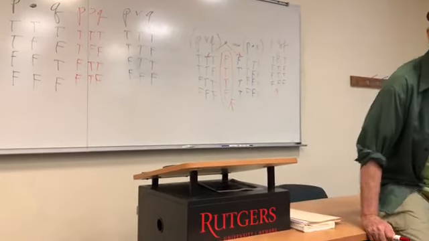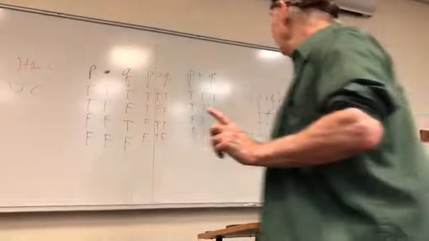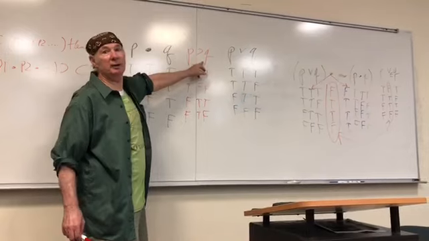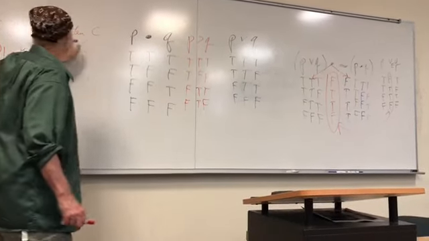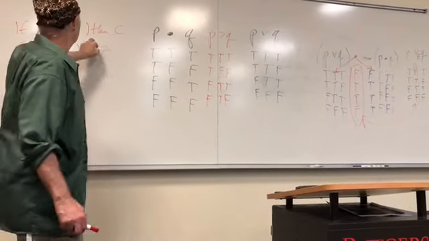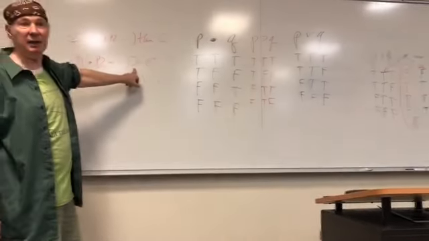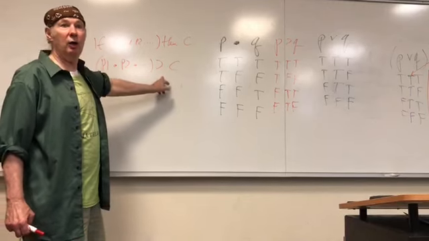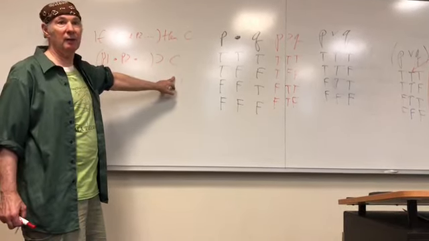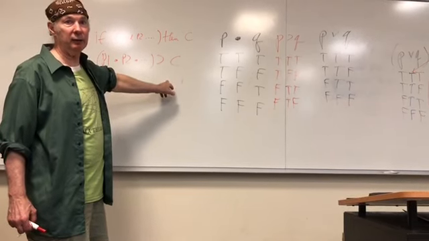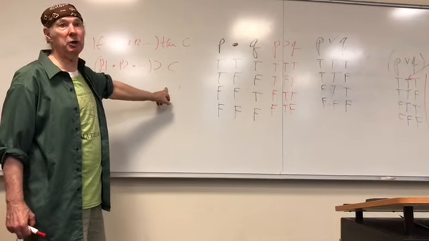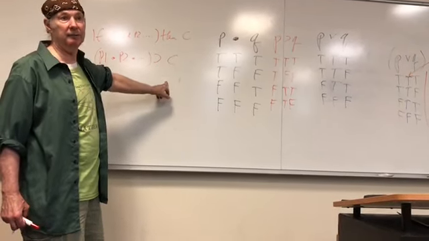And one more thing I can say. Since any argument can be written as a horseshoe, and the column underneath the horseshoe that connects the premises and the conclusion, we can say the truth value of that column is analogous to judgments of validity or invalidity.